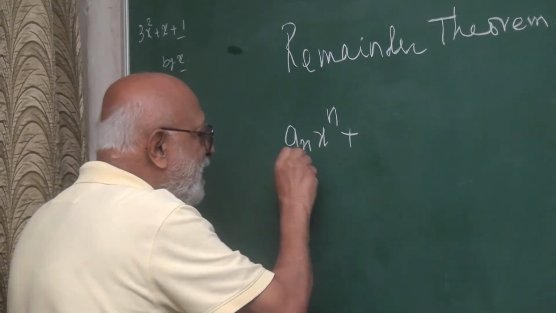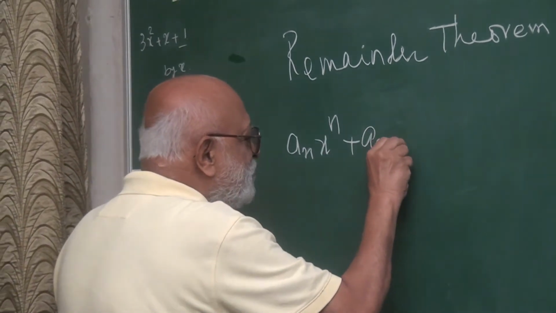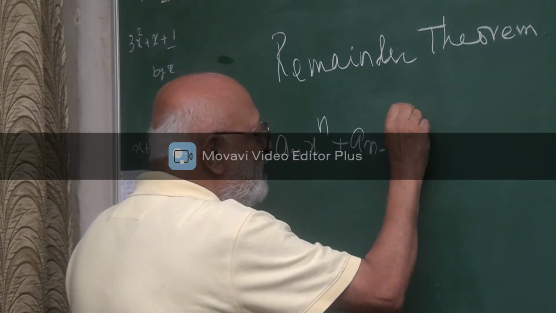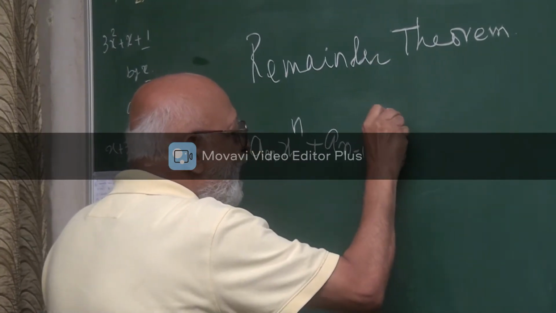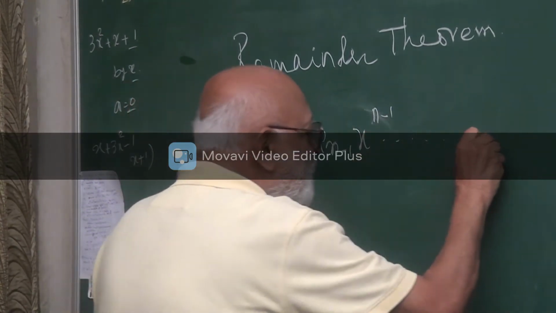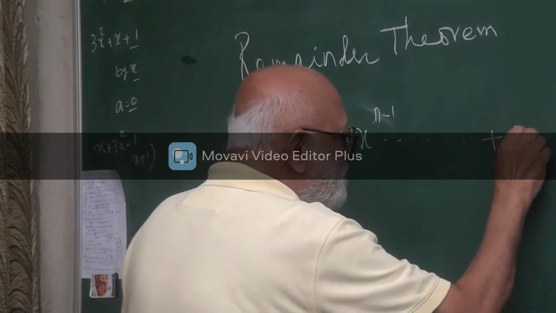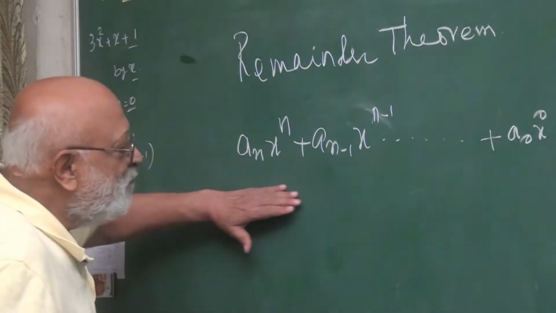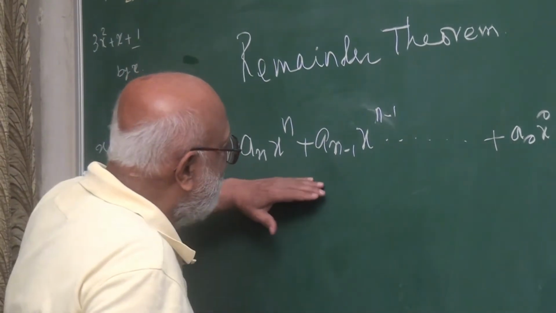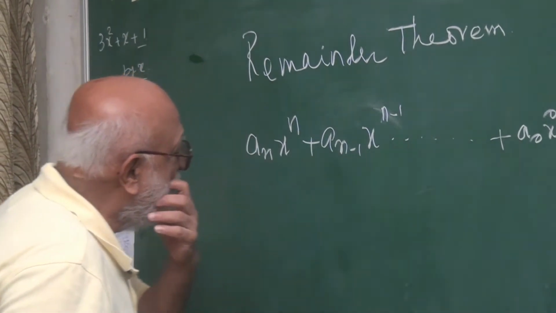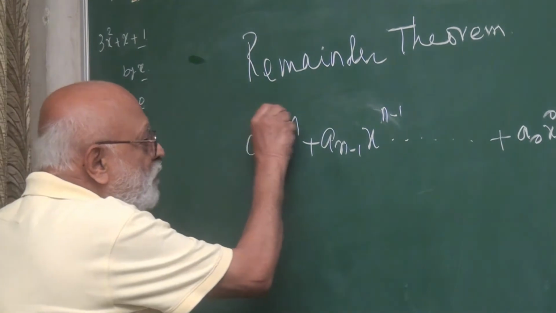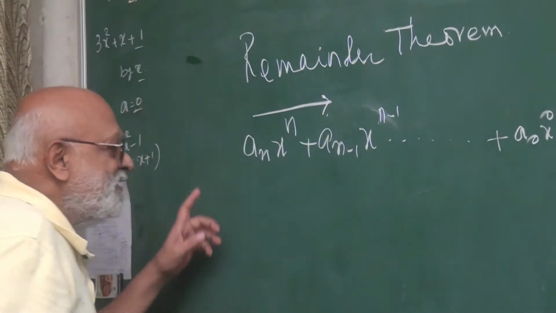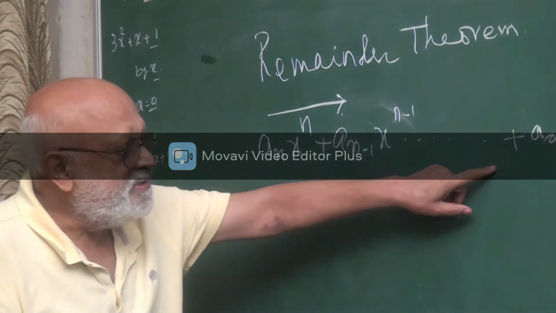So it should be a_{n-1} x^{n-1}, and it will continue like that and go up to a_0 x^0. So this is a polynomial and this is in its standard form. What is the meaning of standard form? Because as you go down, you will find its degree is reducing.